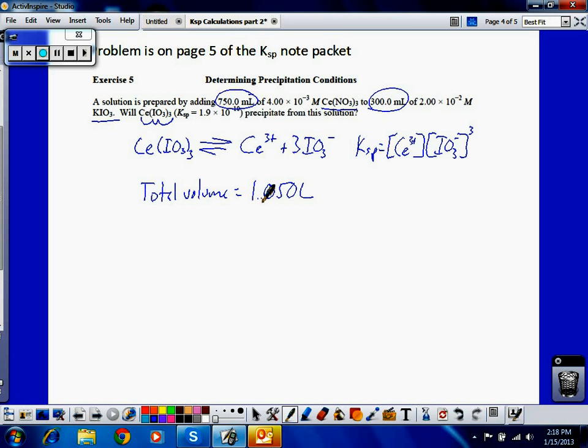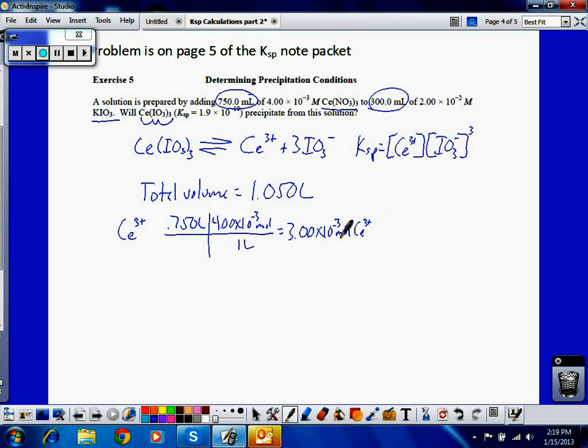So to calculate the new concentrations, I need to figure out how many moles of each ion I started with. So for cerium, I started with 0.750 liters of a solution that was 4 times 10 to the negative third moles per liter, and that is equal to 3.00 times 10 to the negative third moles of Ce3 plus.